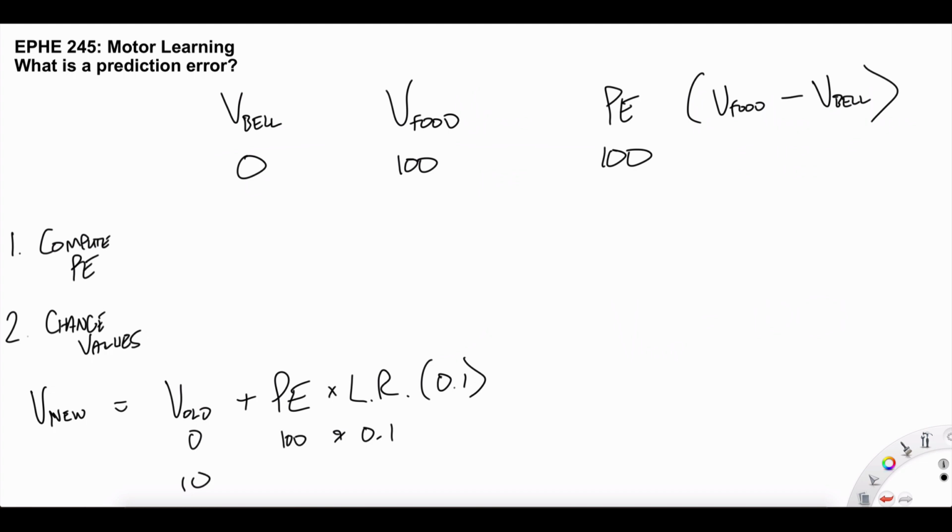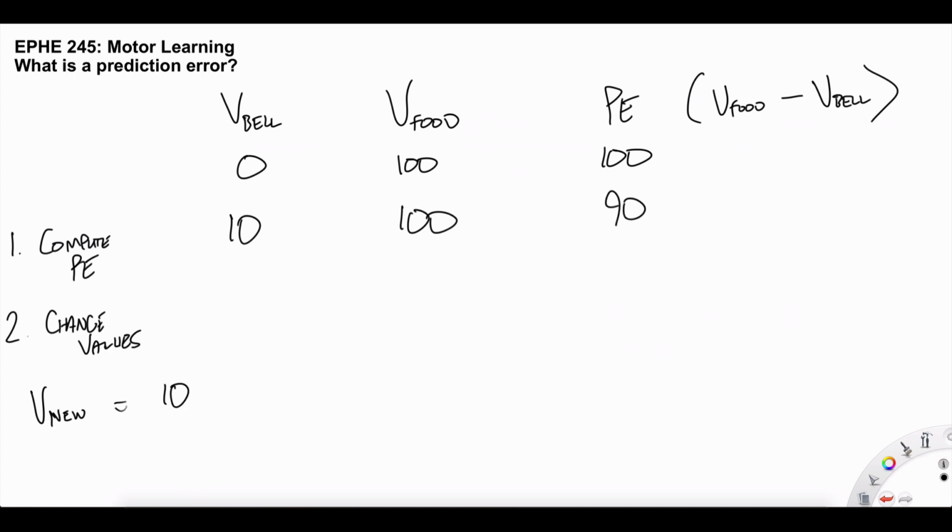Now on trial 2, the dog still gets food, but the prediction error is now 90. And if you redo the math at the bottom, what you'll see is the new bell value is going to be equal to the old value, which is 10, plus the prediction error times our friend the learning rate, which is 19.